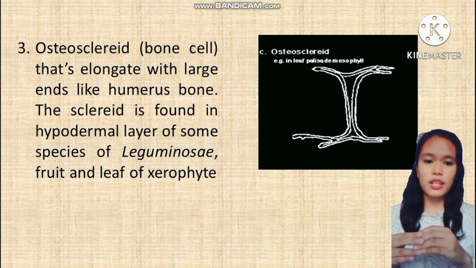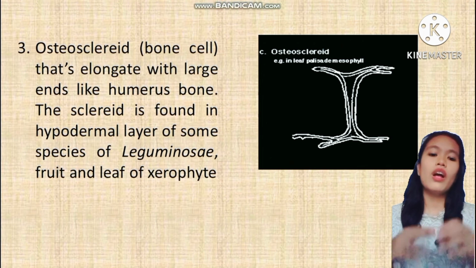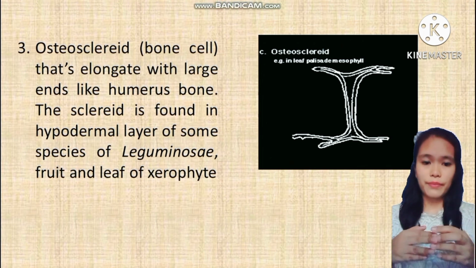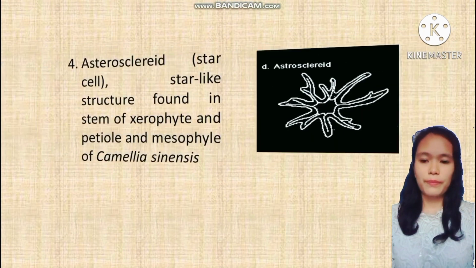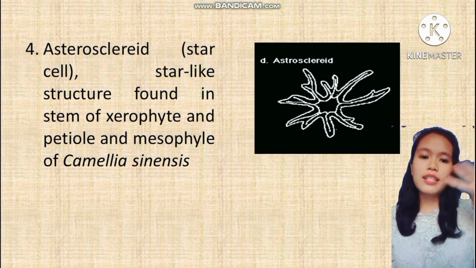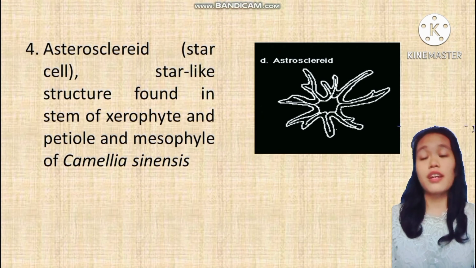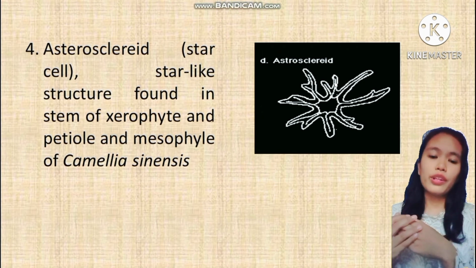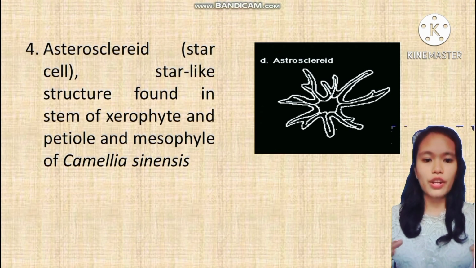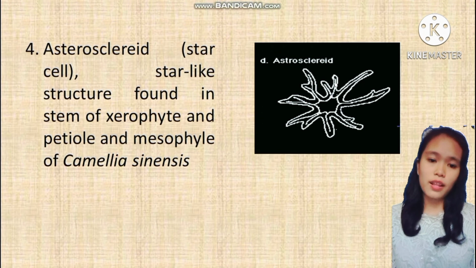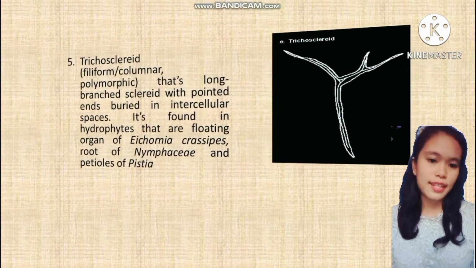The sclereid is found in hypodermal layer of some species of Leguminosae, fruit and leaf of Ceropegia. Fourth, asterosclereid or star cell. The shape is structured like a star and can be found in stem of Ceropegia and petiole and mesophyll of Camellia sinensis.